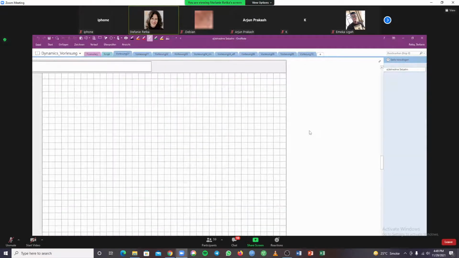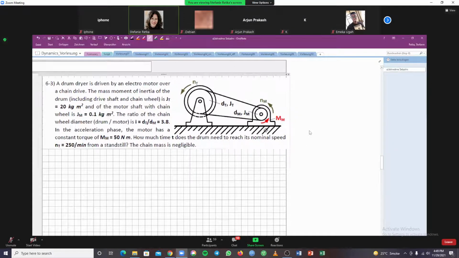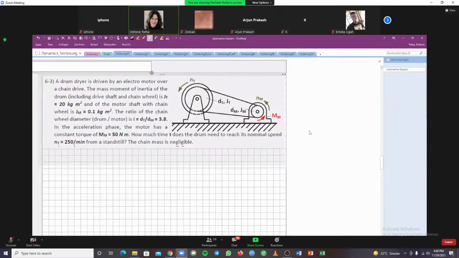So let's have a look at the first exercise, exercise 6.3. Okay, what do we have? We have a drum dryer that is driven by an electromotor over a chain drive.